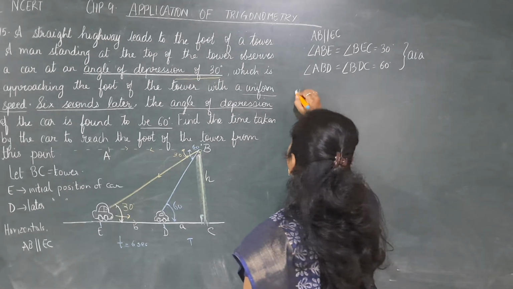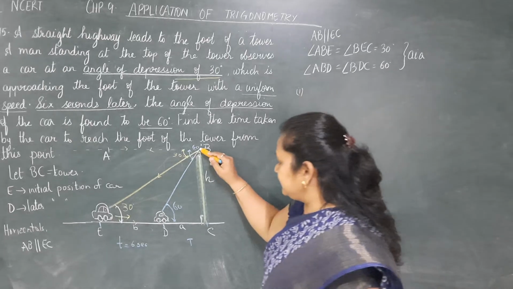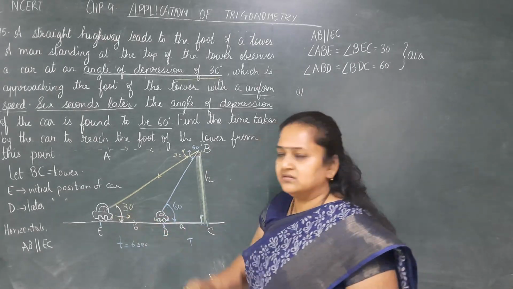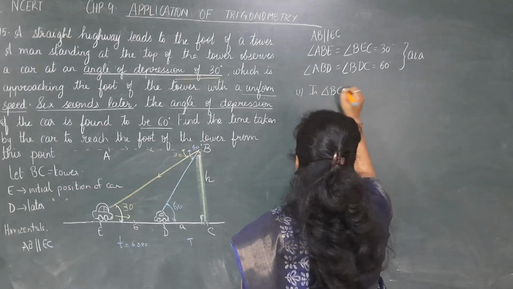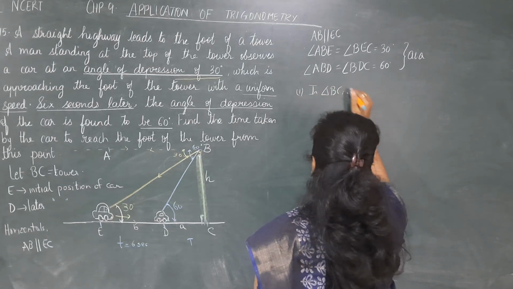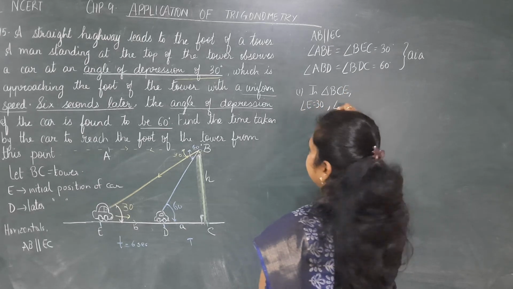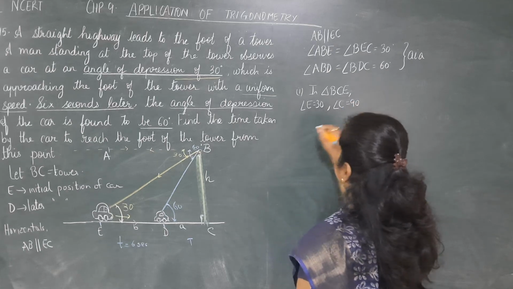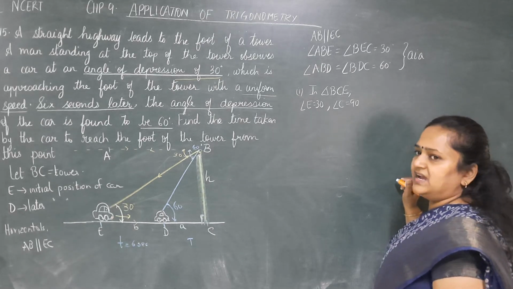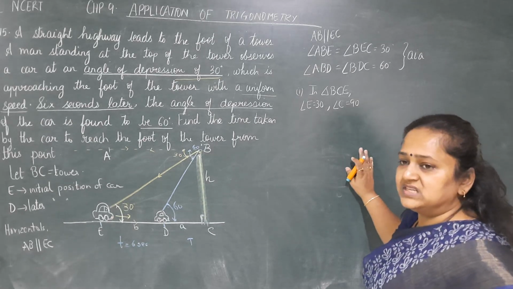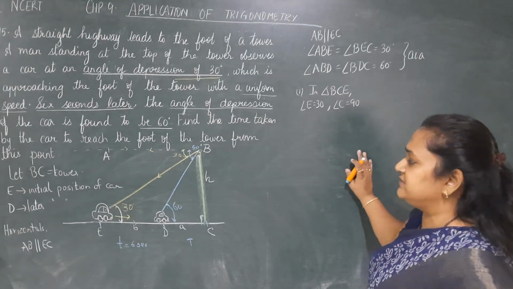We start the same way. Irrespective of what is given, we have two right angle triangles over here, BCD and BCE. In triangle BCE, angle E is 30 and angle C is 90. We do not need the hypotenuse. By now we are very clear: whenever we need the hypotenuse, we go with sine; if the hypotenuse is not involved, we go with tan.